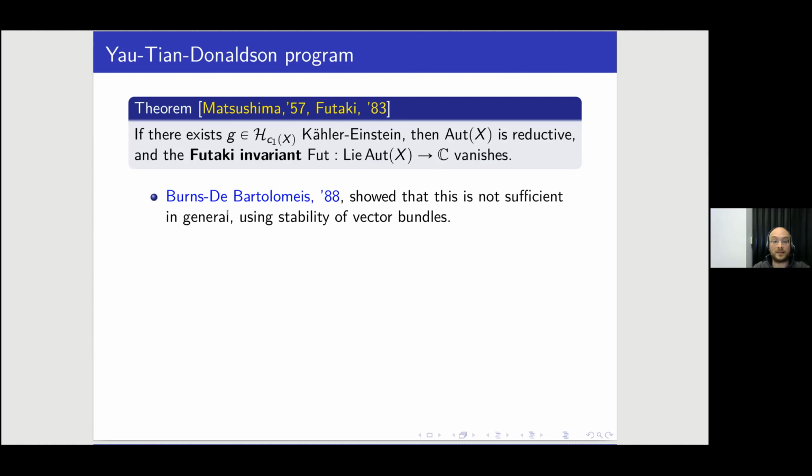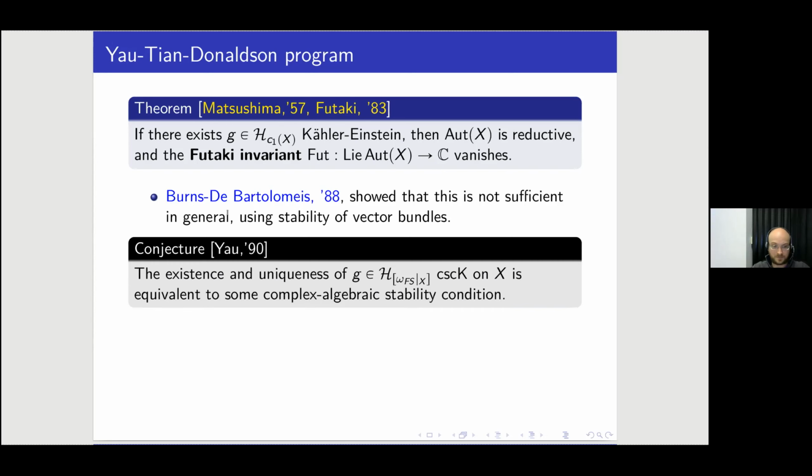So this motivated Yau to state this general conjecture, which tells us that the existence and uniqueness of a constant scalar curvature metric, so back to the most general case, in some projective class, is equivalent to some complex algebraic stability condition on the complex manifold X, the projective manifold X, right?